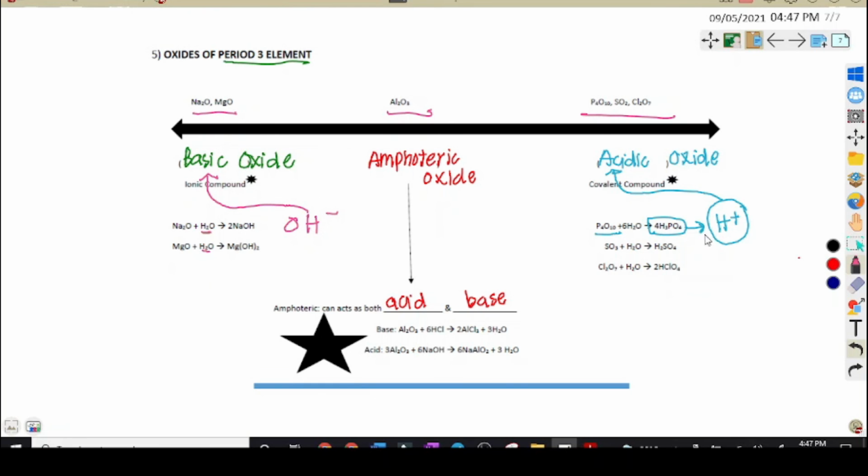For the non-metals, it releases hydrogen ions in the product, so they will form acidic oxide. For amphoteric, it depends on your equation. If you want the Al2O3 to be a base, then you have to react it with acid. But if your Al2O3 is an acid, then you have to react it with a base. And the product and side product would be different as well.